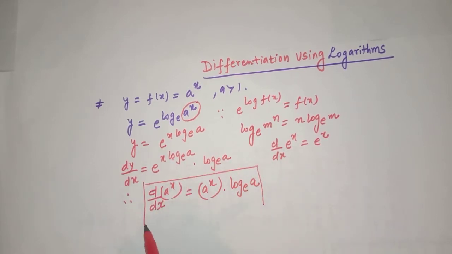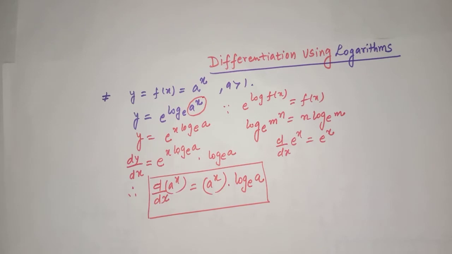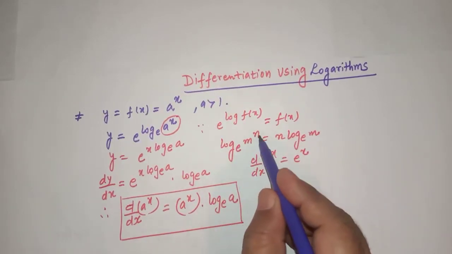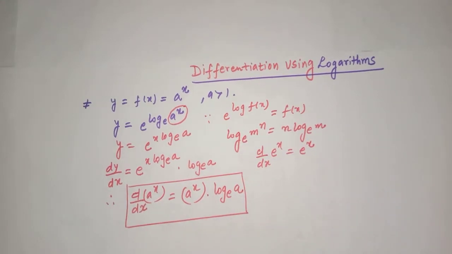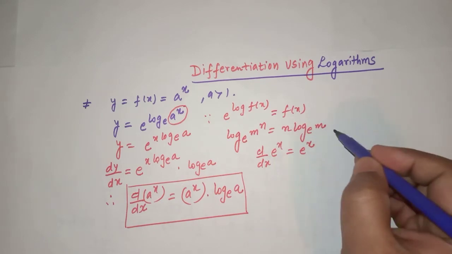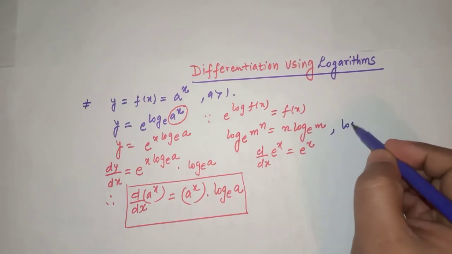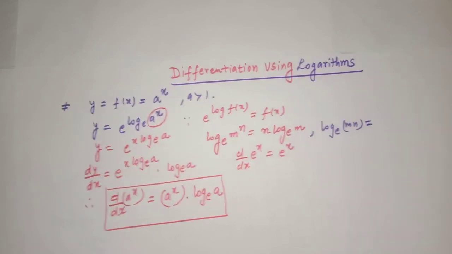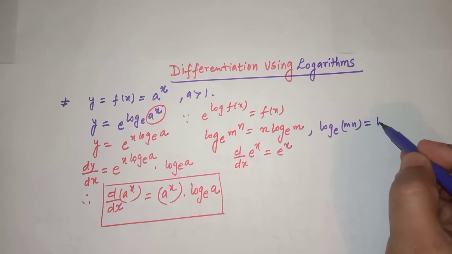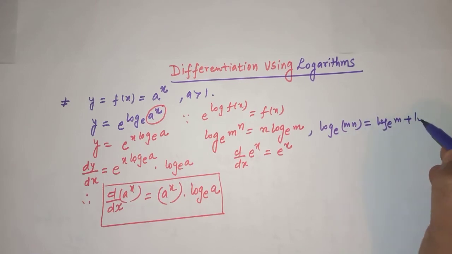So viewers, we have this result. Clear? Now here we will add two more results also. The result is log of m raised to n is n log m. Here we are considering the base as e. Now we will have one more result here, log of mn, that is the product rule for logarithms, and this is log m plus log of n to the base e.